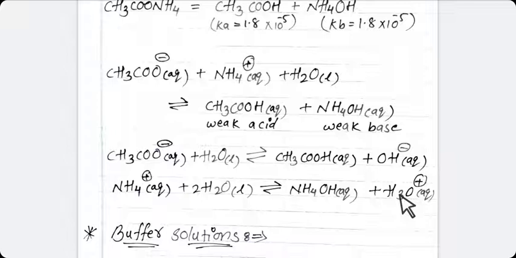Hydrolysis of NH4+ produces as many H3O+ ions as the acetate ion produces OH- ions. So this type of salt, for which Ka is equal to Kb, is neutral, because H3O+ and OH- ions are produced to the same extent.